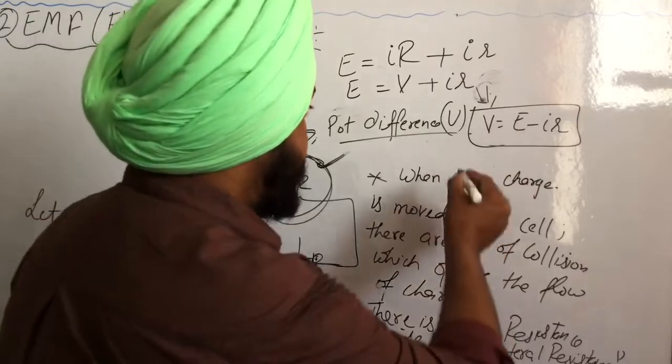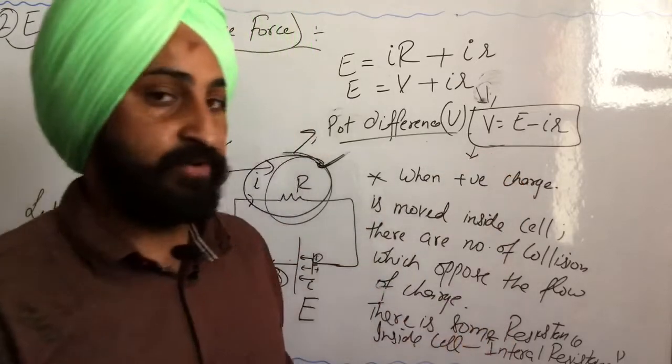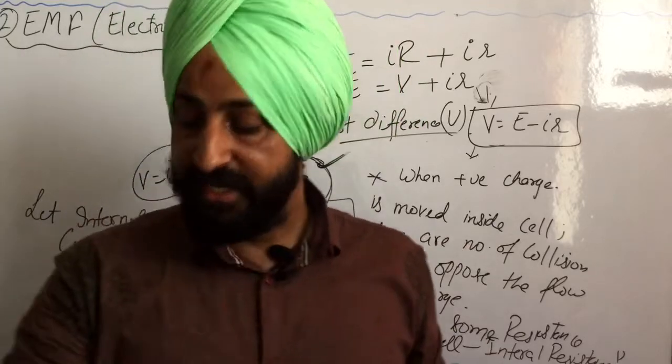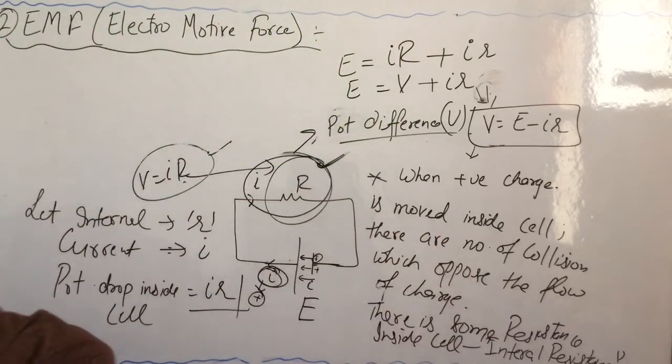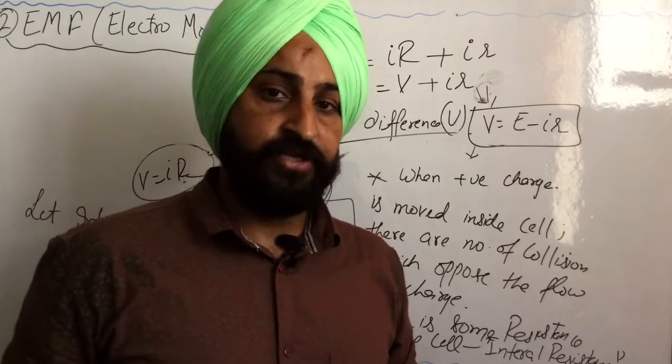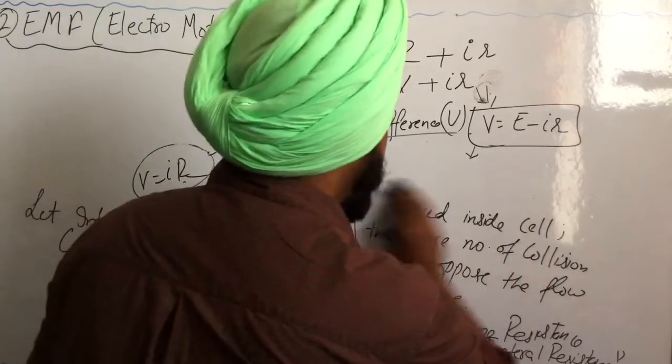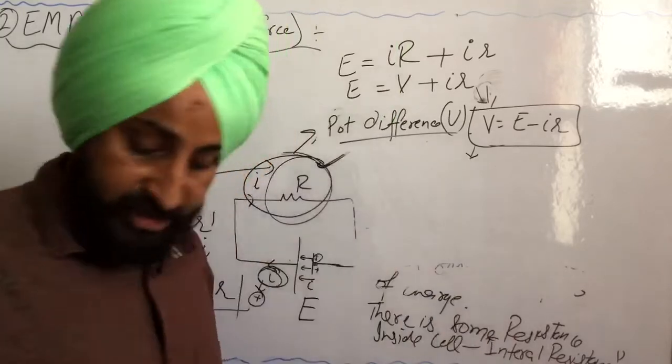So this is the relation between potential drop across the external resistance and EMF. Fine. So what is this relation? This is the relation between potential drop across external resistance and EMF, or potential drop across external resistance, we simply call it as electric potential difference.